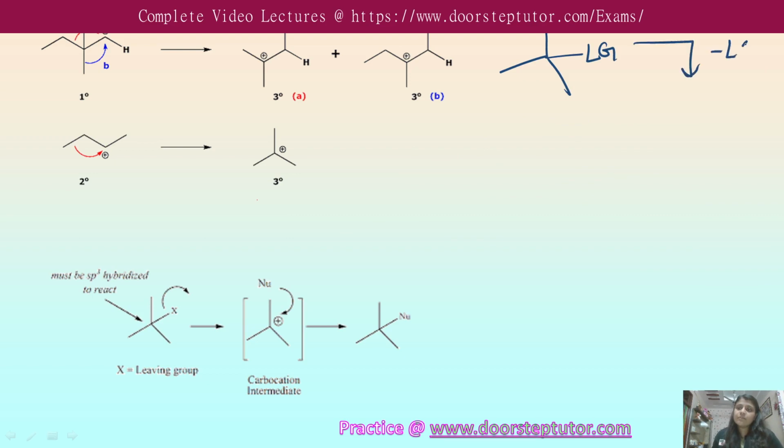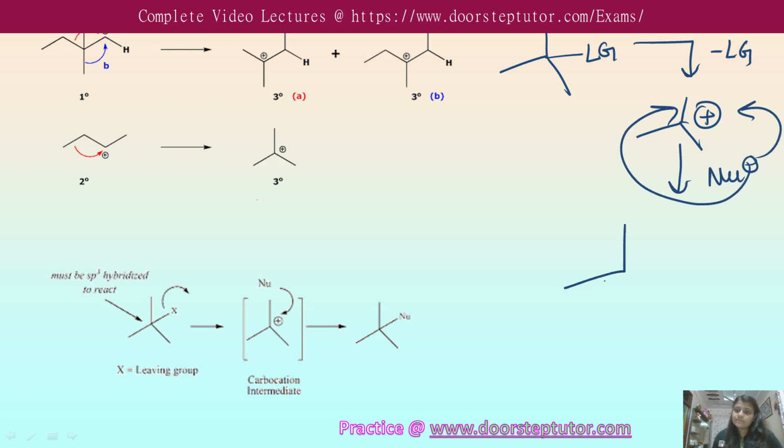As the leaving group leaves, we have a carbocation with us, and the nucleophile can attack either this way or this way. So in this way, the reactant is converted into product like this.